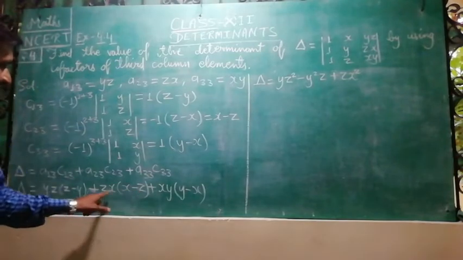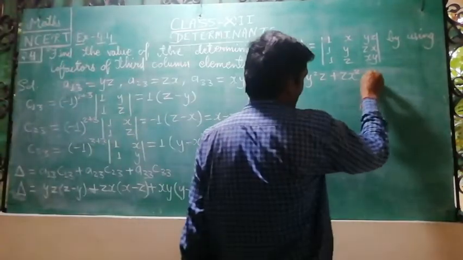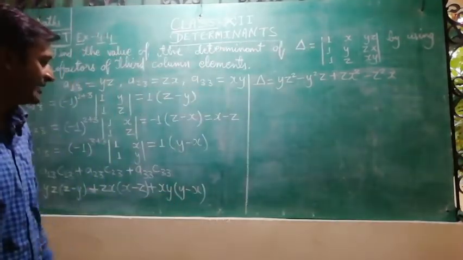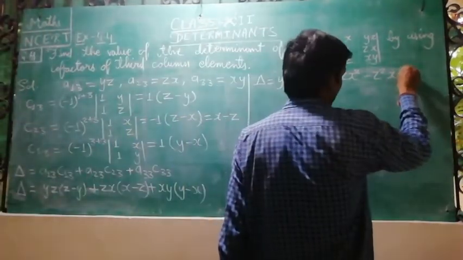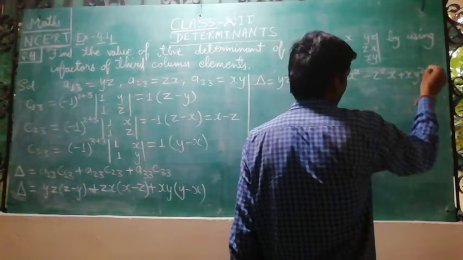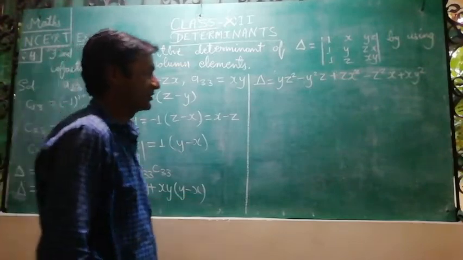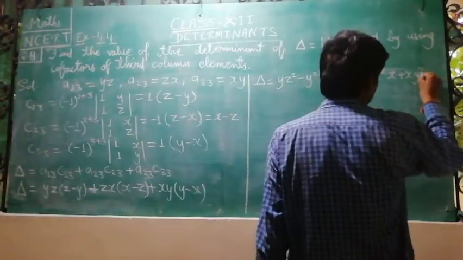Zx into minus z means minus z square x. And after that xy into y is plus xy square. Plus into minus is minus, xy into x is x square y, minus x square y.